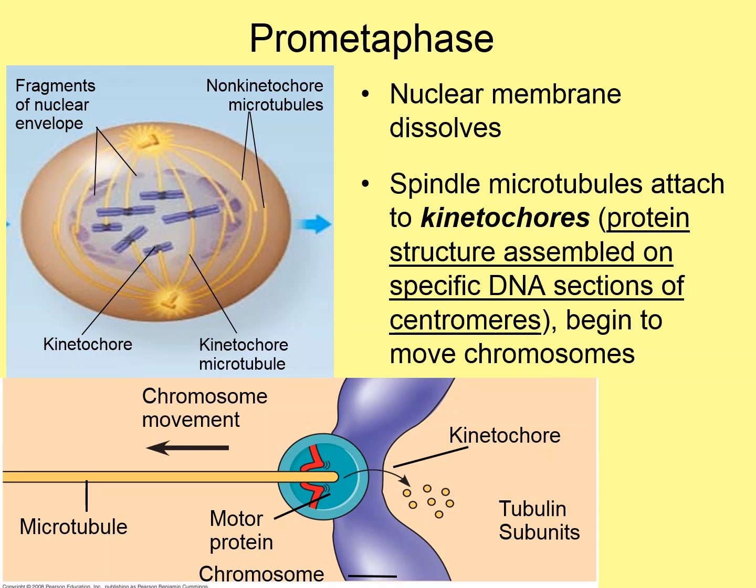Here's the centromere of one pair of sister chromatids, so that's one chromosome, right? I've got another chromosome here, I've got another chromosome here, and so on, right? Here I've got my centrosome, this thing here, right?